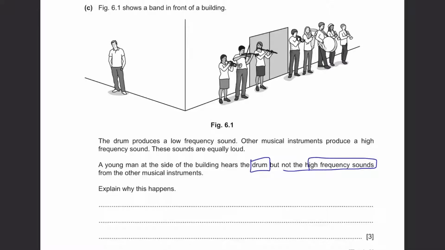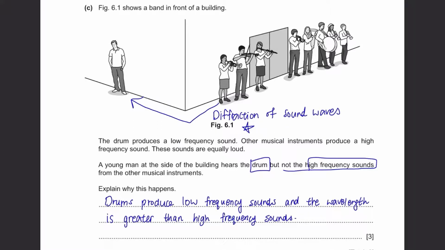The first thing that you need to notice is that this person is not standing in a straight line from the source of sound. In order for the sound to be heard by him, the sound waves will need to diffract. It is extremely important to mention this word. When the sound diffracts, the lower the frequency, like the drums, the greater the wavelength.